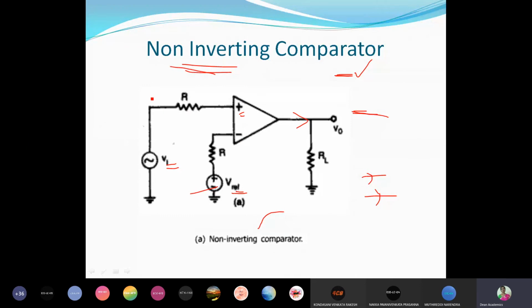That time what we do is just exchange these two. So now you observe this is the reference voltage. Here, for convenience sake, we are showing it as reference voltage. Another voltage source is actually required, but practically we don't connect another voltage source.